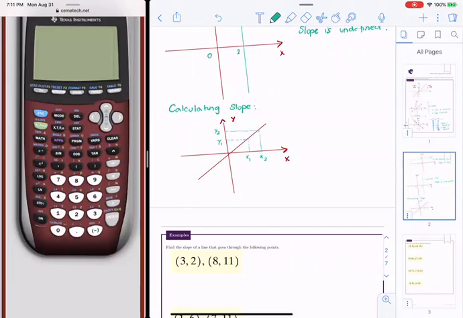That is what we call the run, and that length is the rise. So the slope, usually denoted by the letter m, is y2 minus y1 divided by x2 minus x1. That is the formula for slope.